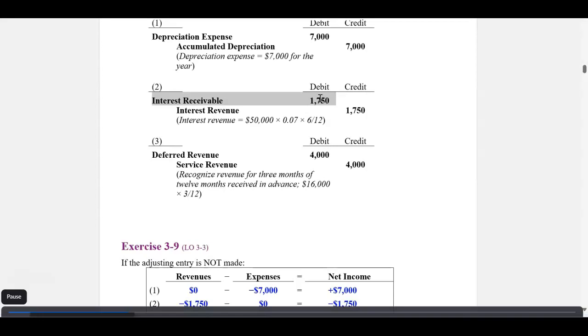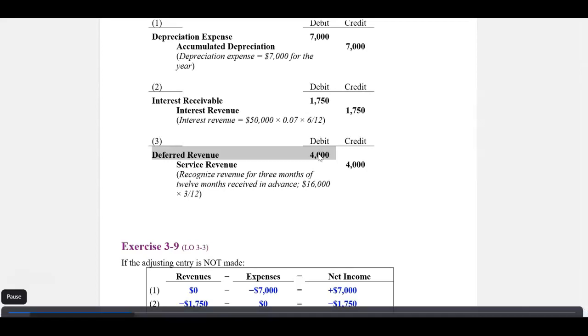You will have less asset. If you don't record number 3, deferred revenue, the liability will be overstated in your balance sheet. Liability will be overstated by $4,000 in the balance sheet.